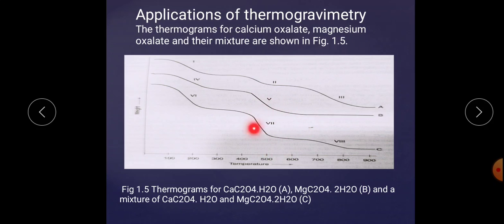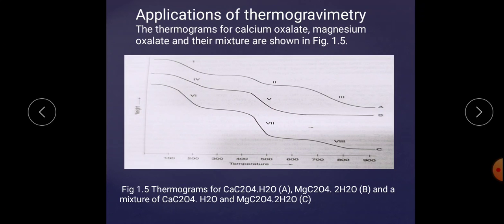From this second step, the amount of CO due to the calcium carbonate may be subtracted from the total observed weight loss, and the remainder is due to loss of CO2 and CO from anhydrous magnesium oxalate.